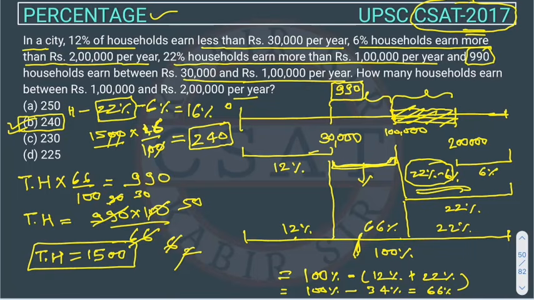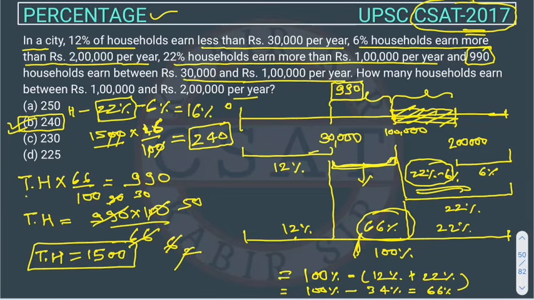So see, I am again explaining you. We know in percentage terms that 12% are earning less than 30,000, right? And we also know that 22% households are earning more than 1 lakh. So from here we can calculate that there are 66% households which are earning between 30,000 and 1 lakh, right?